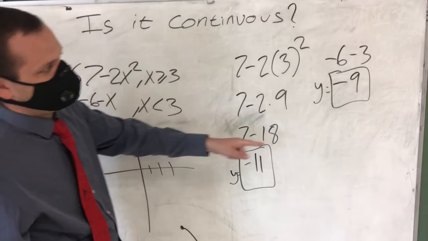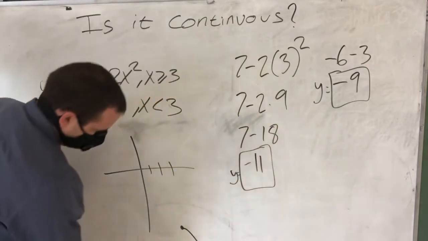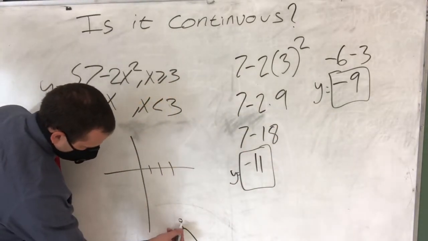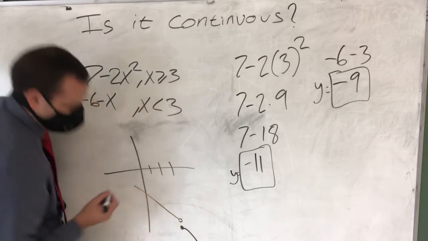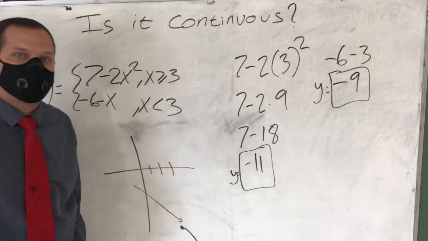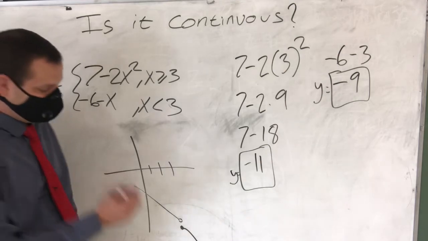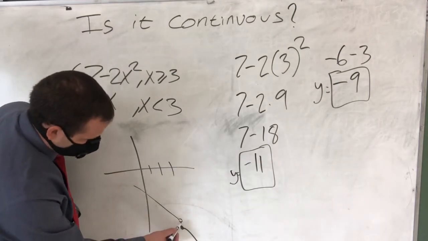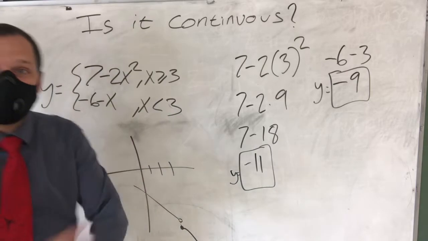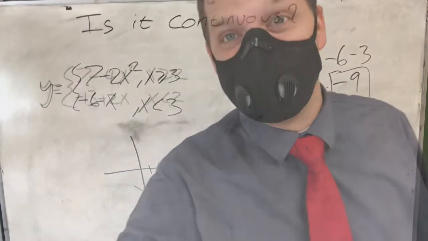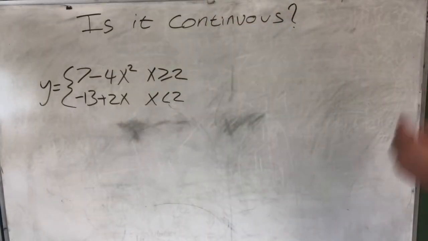And we have our linear equation that starts at negative 9, which is about right there. Is this graph continuous or not continuous? This is not continuous. If you look, there's a jump there. Okay, since there's a jump, this one's not continuous. No bueno.